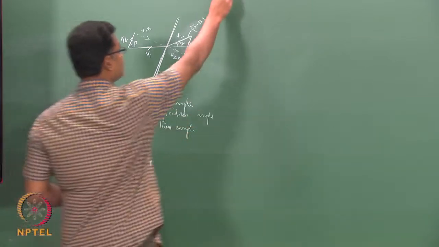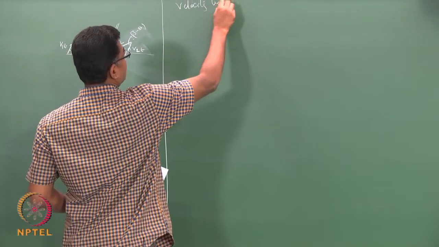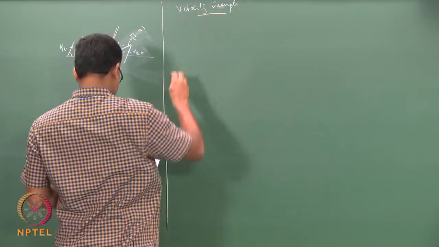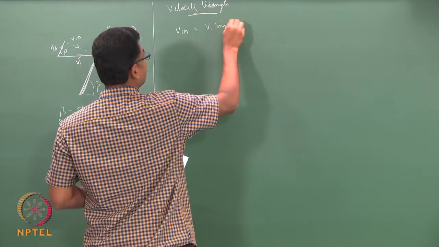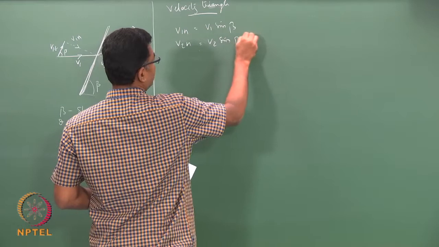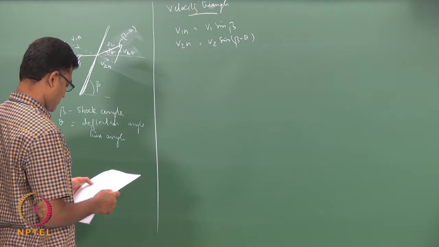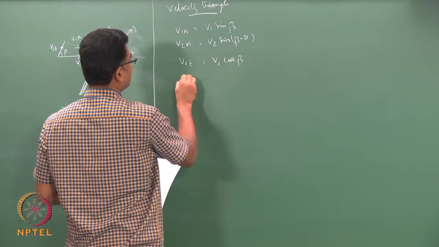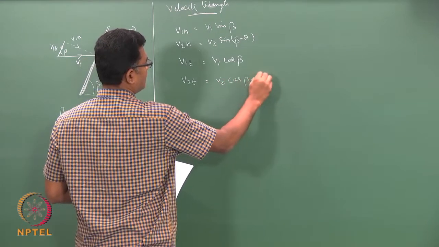And from the velocity triangle, we get V1n to be V1 sin beta, V2n to be V2 sin(beta minus theta), and V1t is V1 cos beta, V2t is V2 cos(beta minus theta).